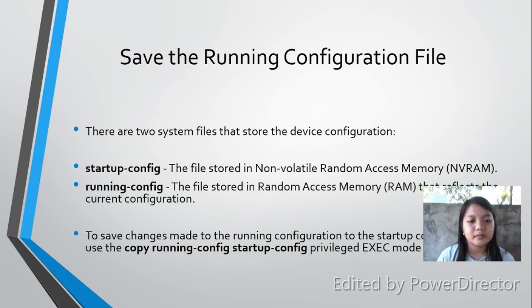To save changes made to the running configuration to the startup configuration file, use the copy running-config startup-config privilege exec mode command. So you need to be in privilege exec mode. The command is copy running-config startup-config. That's easy.